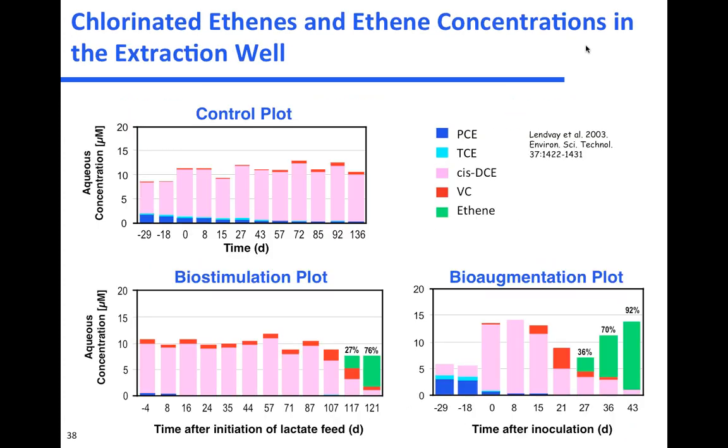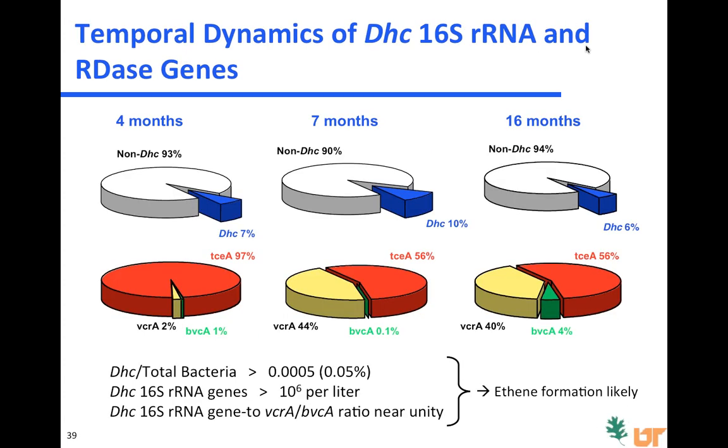When we added organisms, in this case a mixed culture containing D. helicoccoides, we got ethene, but the time required for cis-dichloroethene degradation to ethene was much shorter. So biostimulation alone was sufficient, but the rates were much higher when we did bioaugmentation combined with biostimulation. That's a nice example, and this technology has been applied to many, many sites and is often successful.